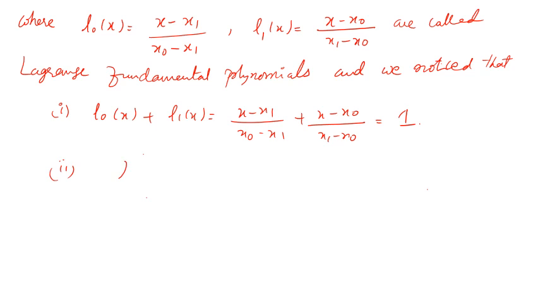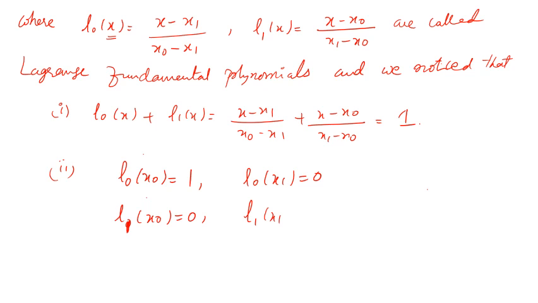And the second observation: if I replace x by x0 in L0, then you will get 1. And L0 of x1 has value 0. Next one, L1 of x0 is 0. Next one, L1 of x1 is 1. These are the properties of Lagrange's fundamental polynomials. Remember these.